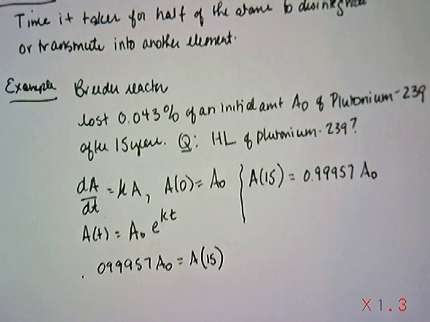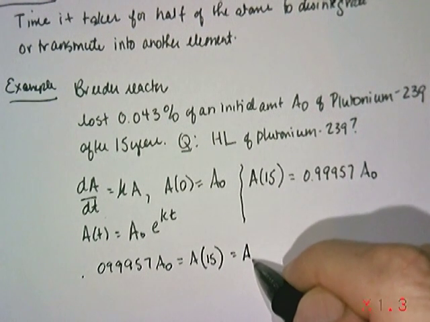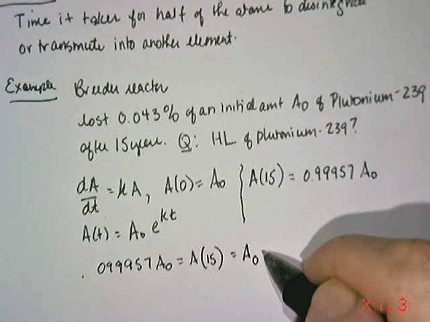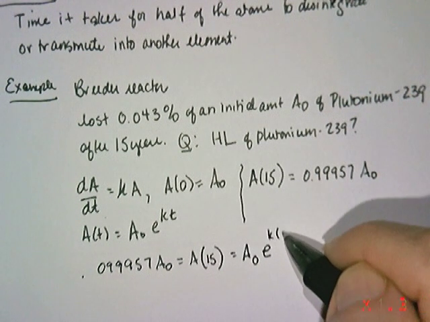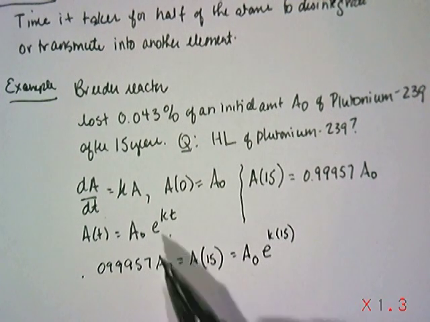But using the formula that we have now for the decay of the element, this must be A0 times e to the K when t is 15. Again, because that's the form of the solution we already know.